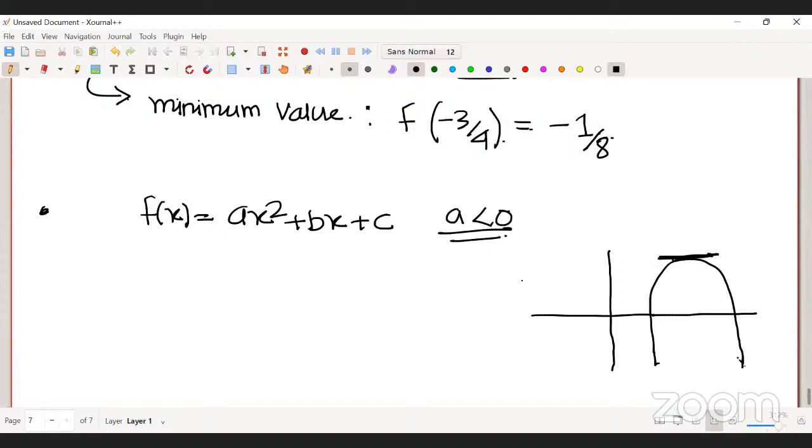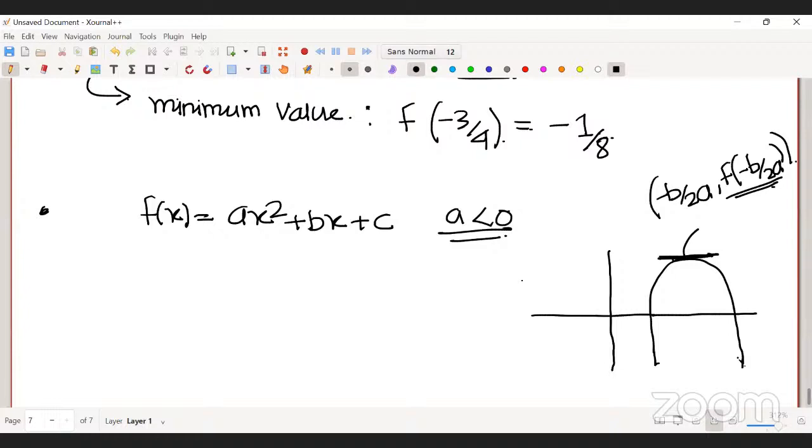And how can you get the maximum value? By computing the vertex by the same -b/2. So the y coordinate of the vertex will give you the maximum value of the parabola.